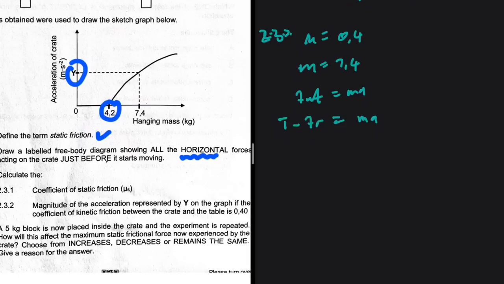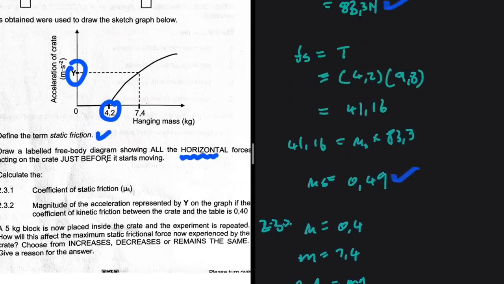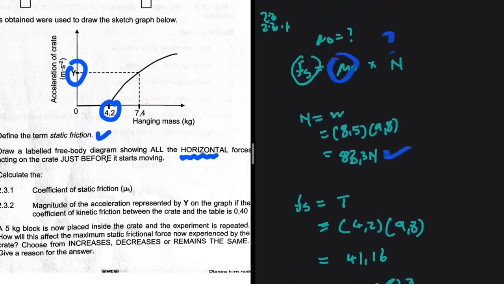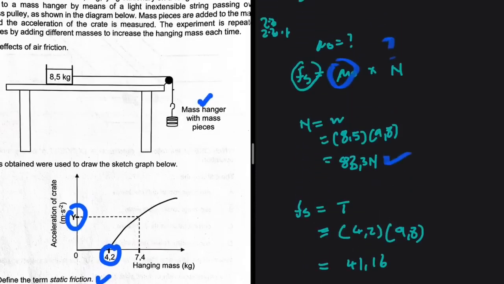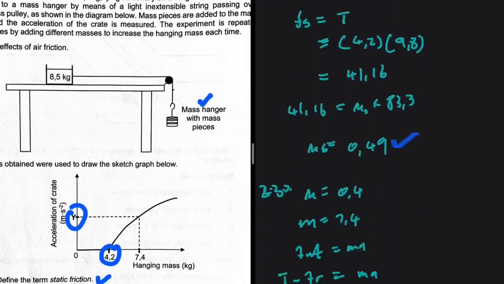So what is the tension? We don't have the tension at this point. What about the frictional force? We have the coefficient, right? So this is 0.4 multiplied by the normal force, which is 8.5 multiplied by 9.8, 83.3.